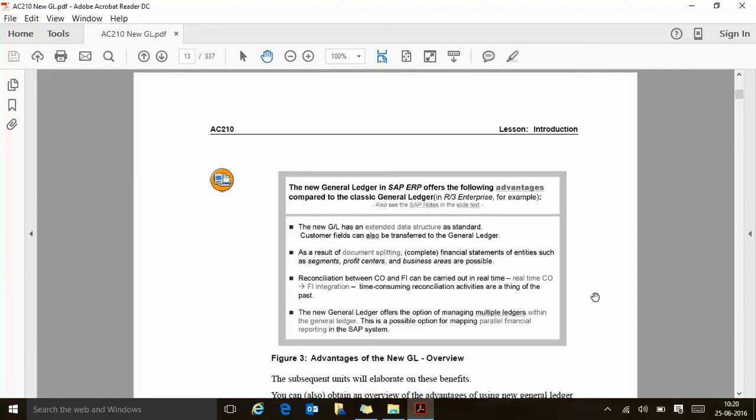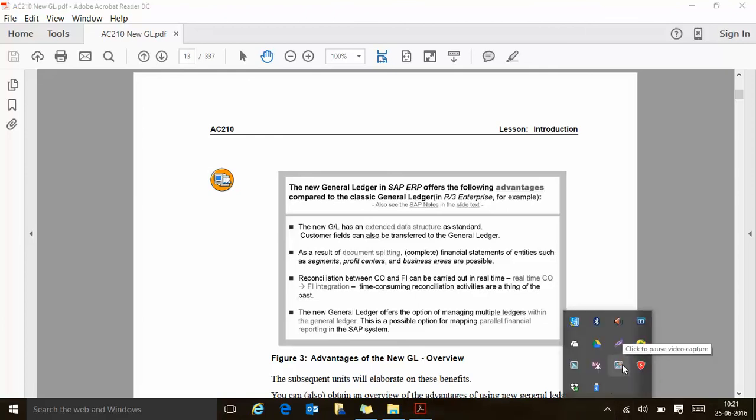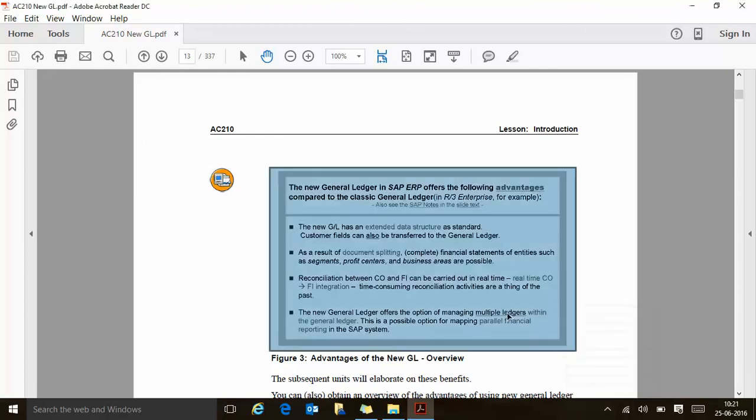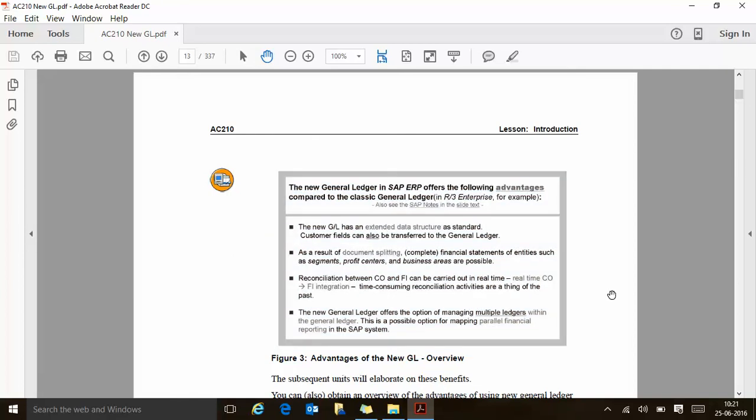The new GL in SAP ERP offers the following advantages compared to the classic GL in R/3 Enterprise. So these are the advantages. Extended data structure, as standard customer fields can also be transferred to the GL. Document splitting: financial statements for entities such as segment, profit center, business areas are possible.